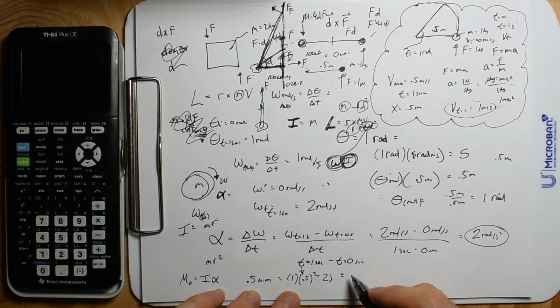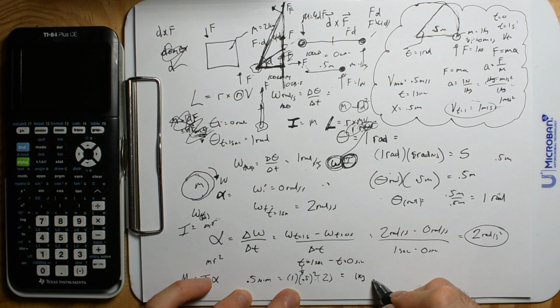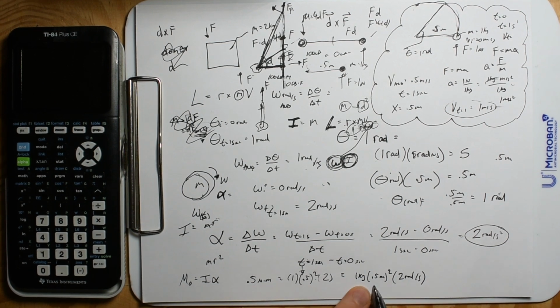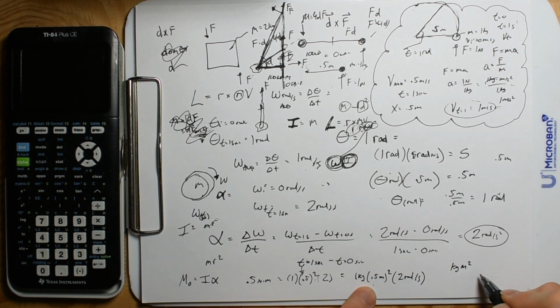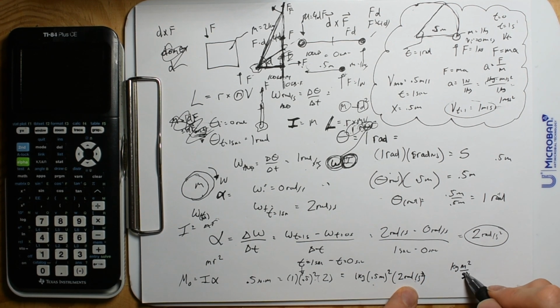So this is a mass of 1 kilogram, radius of 0.5 meters squared, and then we have an alpha of 2 radians per second squared. So we're going to get kilograms, meters squared per second squared.